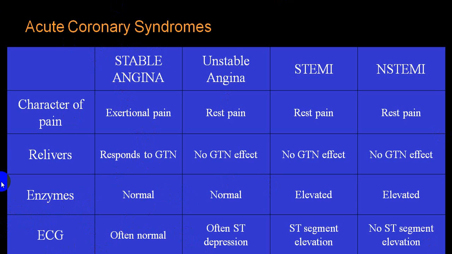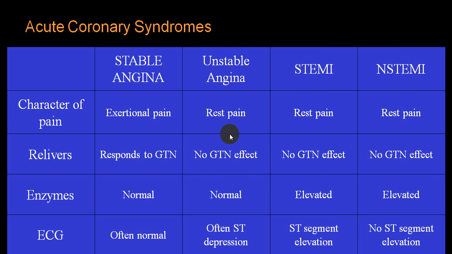While in unstable angina, usually you can come across ECG changes, and troponin is normal. In STEMI and non-STEMI, in STEMI there is ST elevation, in non-STEMI ST depression, and troponin is elevated, and they do not respond. Stable angina will respond to glyceryl trinitrate, while unstable angina, STEMI and non-STEMI will not show any effect.